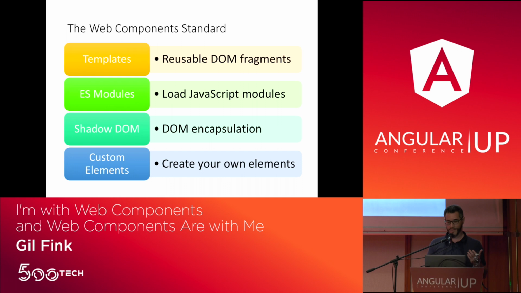That's it. Okay? So this helps you to lift up a lot of the things that bundlers do today, if you want to use that kind of API. The third part of the standard is Shadow DOM. And Shadow DOM enables you to encapsulate some part of your DOM, and custom elements enables you to create your own elements, native elements in the browser. And this is what we are going to talk about in the next 25 minutes.